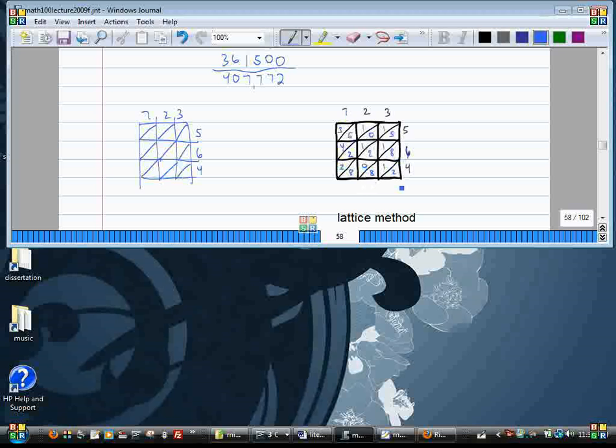Now the question is, how do we put this together in order to get the answer? Well, the amazing thing is that because of the way this is set up, each of these represents a place value.